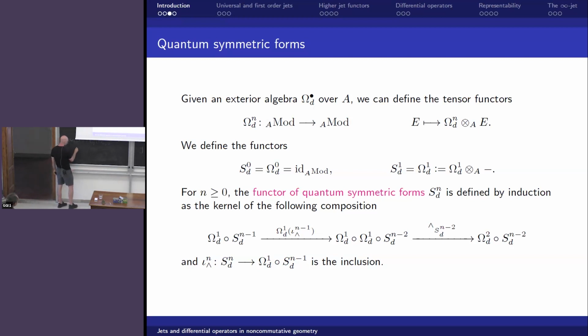For degree 2, S2 is just the inclusion into omega 1. Now they're tensor functors, so I'll write as a composition with omega 1. And then the wedge, this can be viewed as a natural transformation between these tensor functors. And the kernel of this would be what we define to be S2. And then you build up other things inductively.